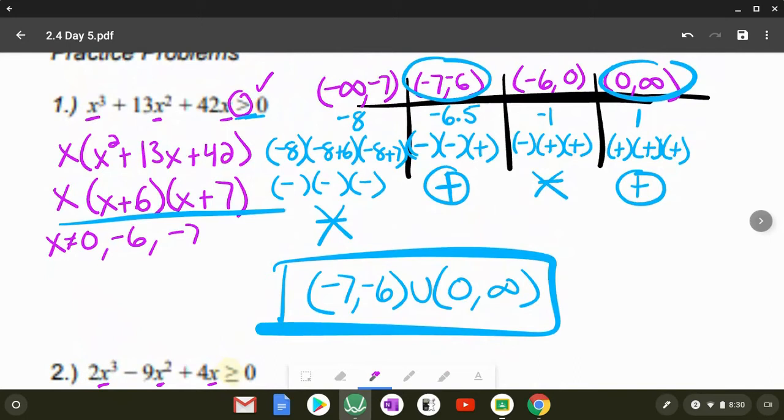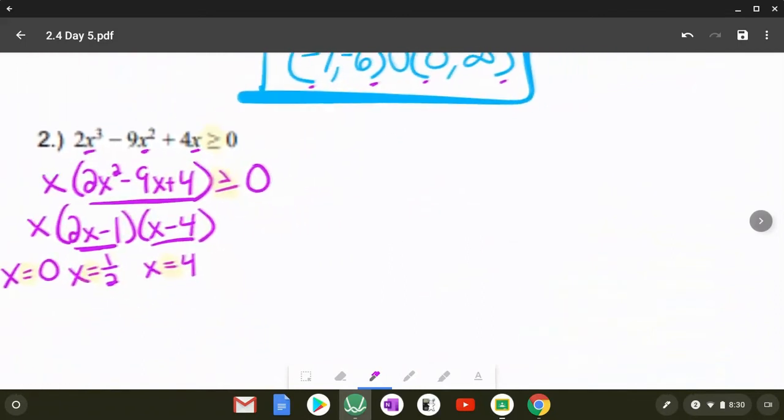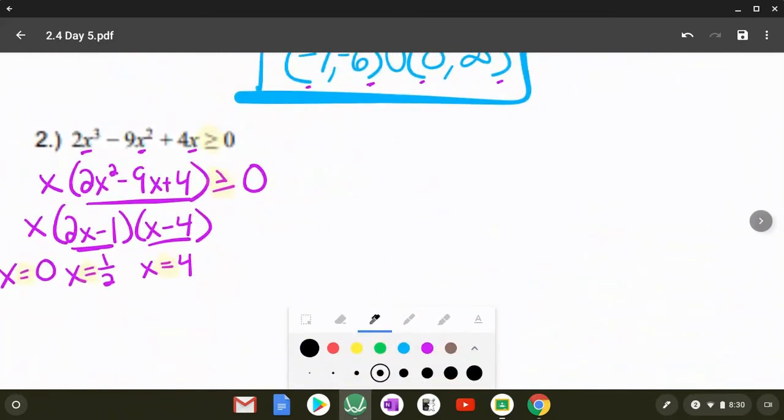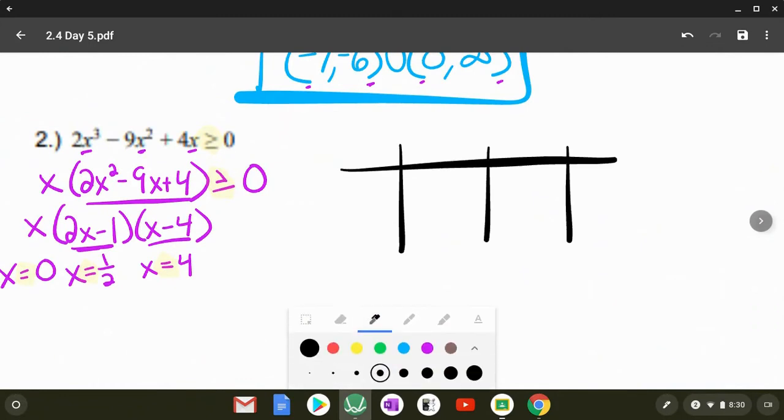But we had the parentheses because they are not included in our solution set. Down here, because it is "or equal to," we will have brackets in our interval notation. So when we go to make our chart, let's break these down. From least to greatest, we have negative infinity to 0.